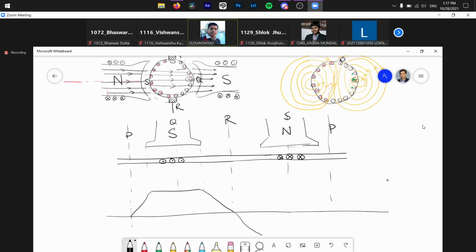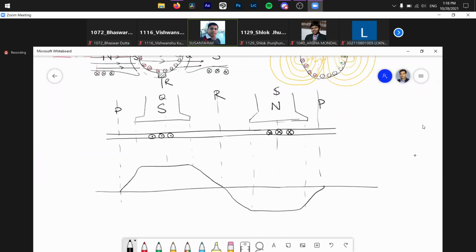Similarly, the North Pole will generate a negative flux, and that will exist up to this flat, then it will gradually reduce. Okay, so this kind of flat top flux distribution we get from the North Pole and South Pole, or two main poles. So this, you can say, is the main field.